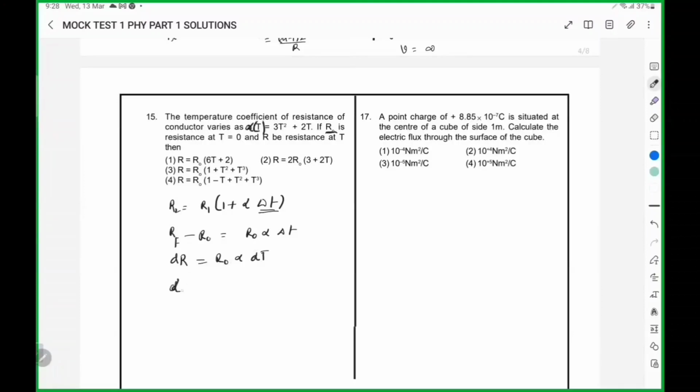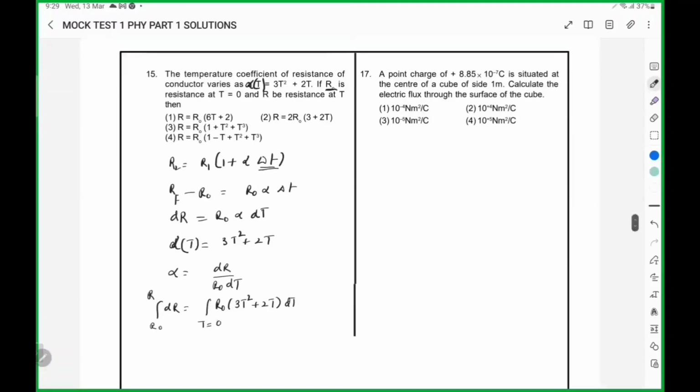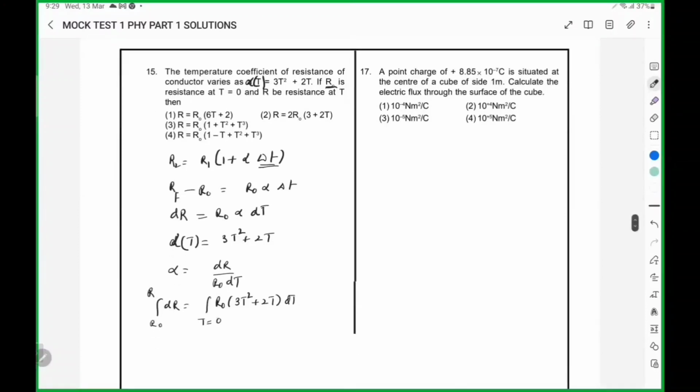Now, how does alpha change? What is given is alpha of t, which is 3t square plus 2t. Alpha is dR by R naught dT, so dR is R naught times (3t square plus 2t) dt. Initially at temperature zero we have R naught, and we don't know the resistance after a certain temperature.